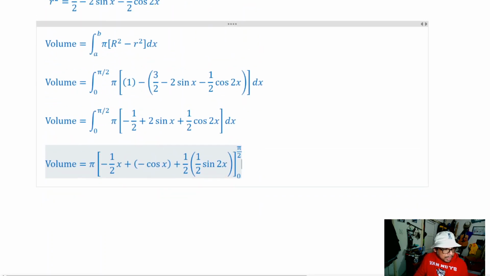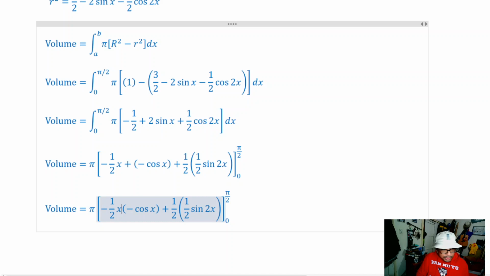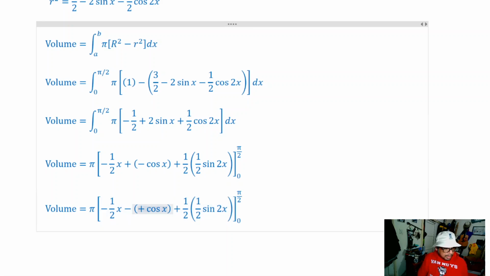Right, there's my antiderivative. And we can simplify that a little bit. That'll make it a little easier for us to substitute. This negative cosine, we can make that a minus, and this a plus, and that just brings this cosine on the outside, so that's just now cosine x. 1/2 times 1/2 is 1/4.